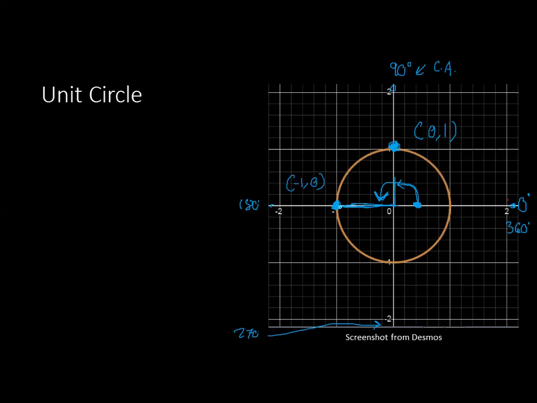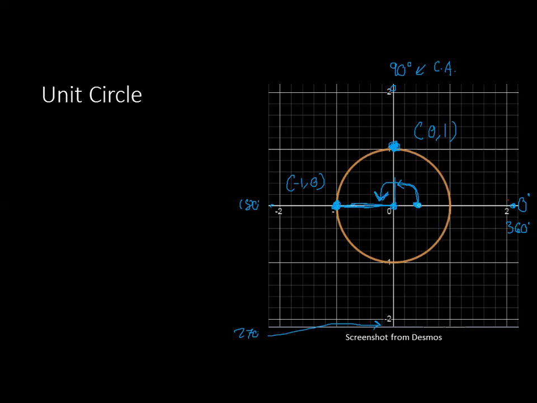Why is it -1? Because horizontally speaking, the point is 1 unit away from the origin, but since it goes to the left, it's -1. Plus, it's on the axis, so it's not moving up or down, so it's 0. Okay? So that's it.